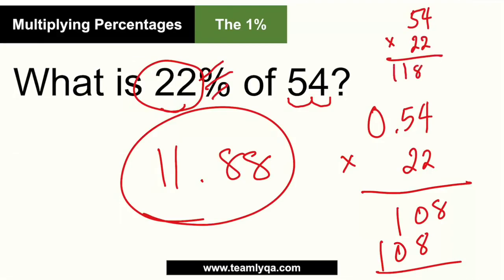This is going to give you 1188, tsaka nila i-move yung decimal place na dalawang beses. Again, the end result will be the same. Now, if this also helps your psyche dahil huli yung process ng paggalaw ng decimal place, pwede rin naman. But again, the answer will still be the same. So, yun yung concept ng 1%. Itatabi mo na yung percent, kunin mo yung 1%, and then multiply mo siya sa kung ilan yung hinahanap.